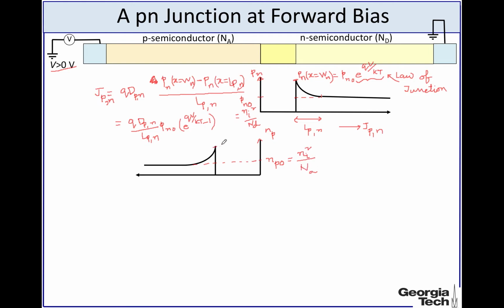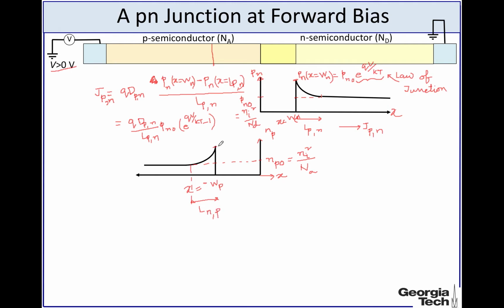And again by the law of junction, this is the depletion width and this is negative Wp. This direction is x minus p, and the distance after which the excess carriers go down to the equilibrium value is the diffusion length for electrons in the p side.